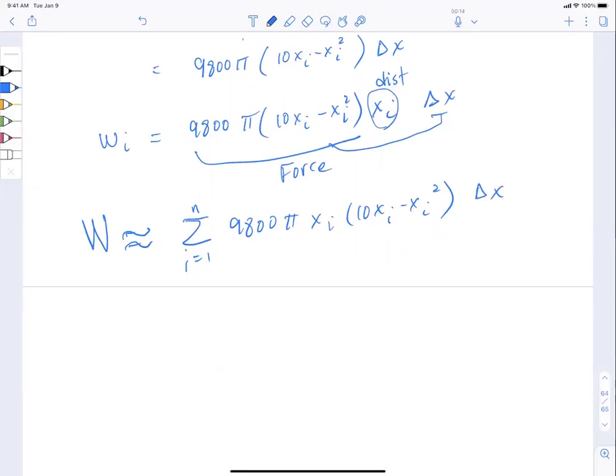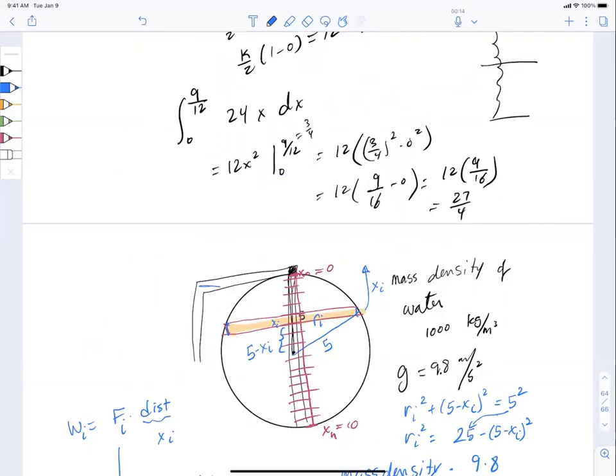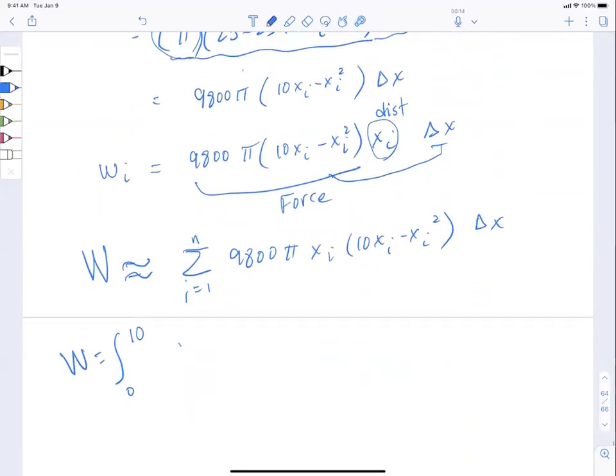Taking the limit, the integral, it's exactly equal to the integral from 0 to 10. Why 0 to 10? Because the depth ranges from 0 to 10. So it's going to be the integral from 0 to 10 of 9,800 pi x (10x minus x squared) dx.